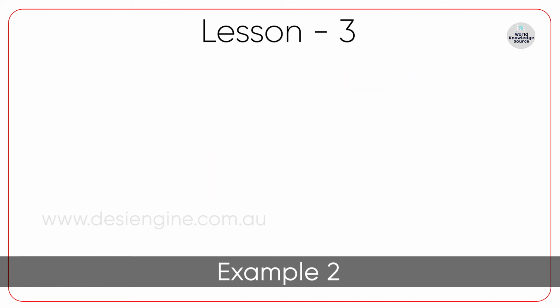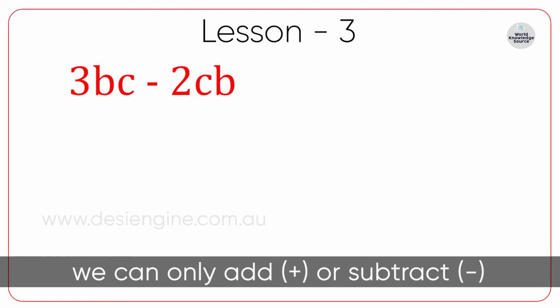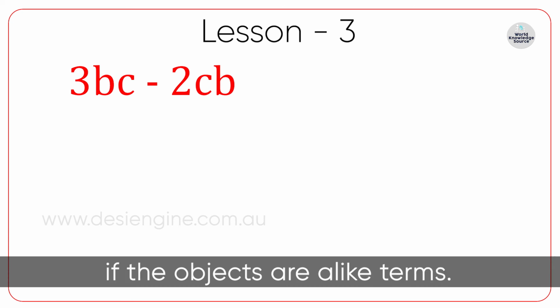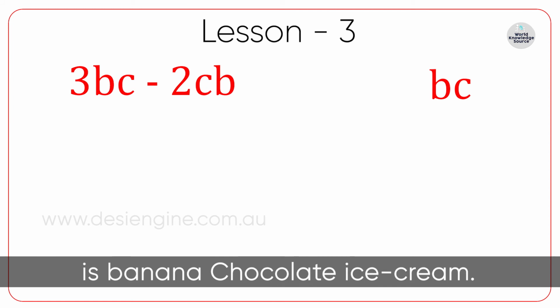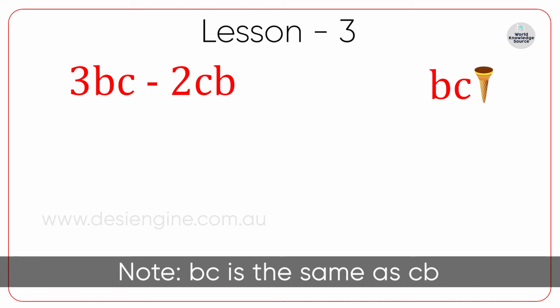Example 2. 3bc subtract 2cb. Remember, we can only add or subtract if the objects are alike terms. Let's say bc is banana chocolate ice cream, and cb is chocolate banana ice cream. Note bc is the same as cb.